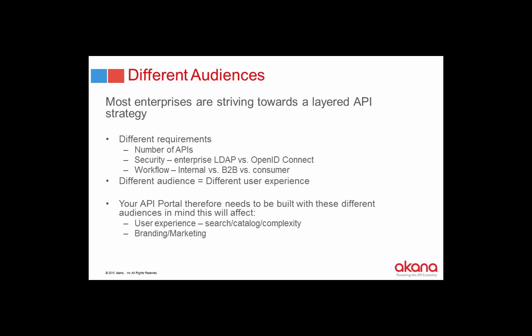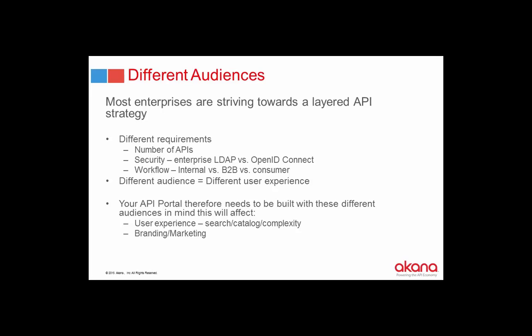And what that means fundamentally is that because you have a different audience and a different market, you're going to end up with different user experiences around perhaps a different number of APIs, or the security experience is going to be different, or workflow is going to be different.